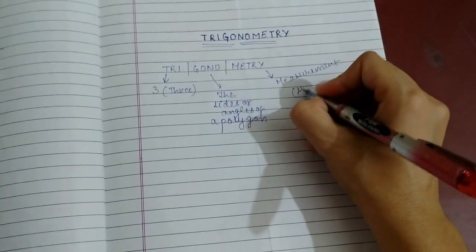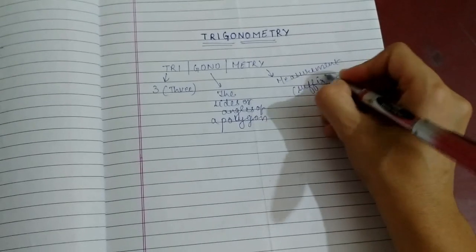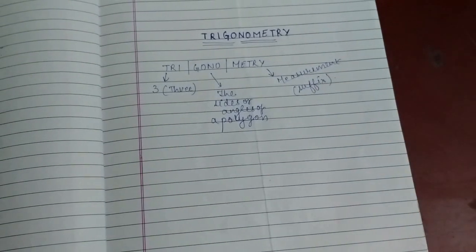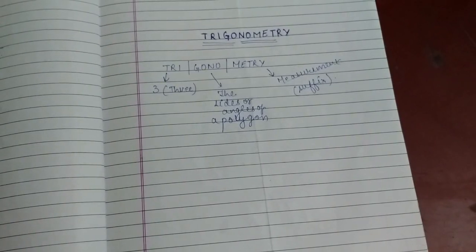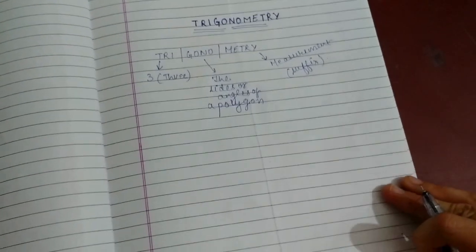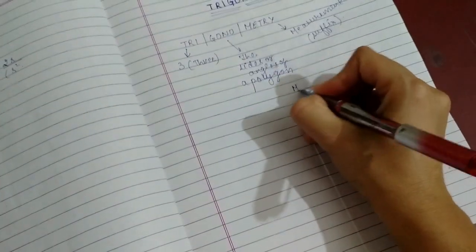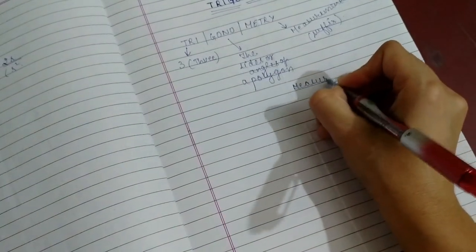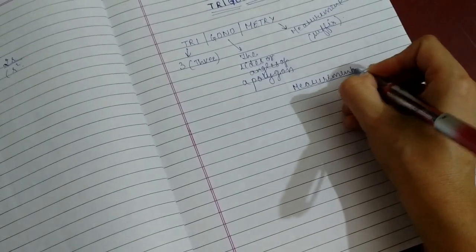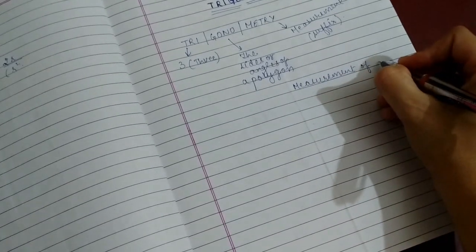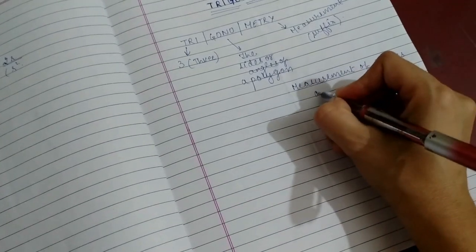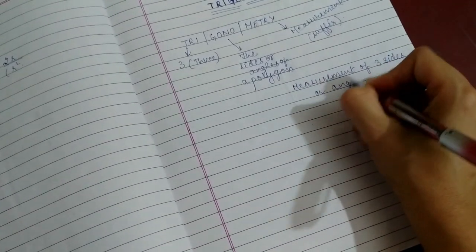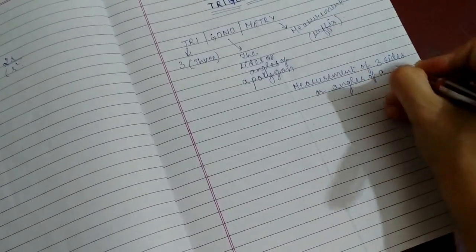It's just a suffix, as if we use ography for geography, ology for climatology or topology, and there are too many suffixes. So trigonometry basically means measurement of three sides or angles of a triangle.